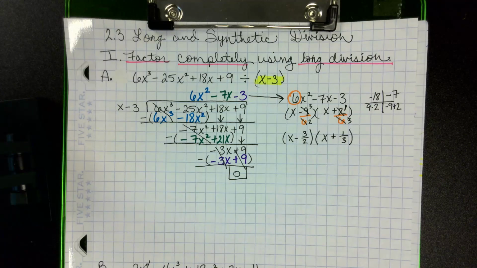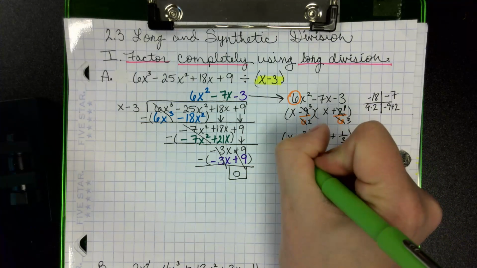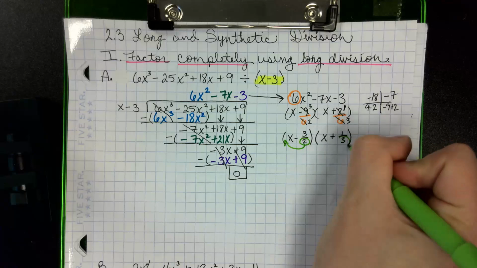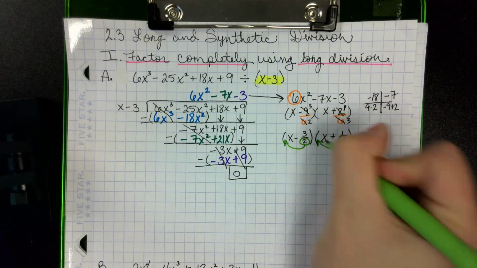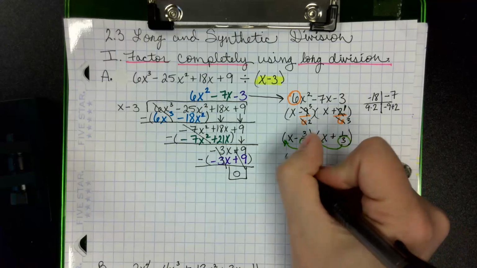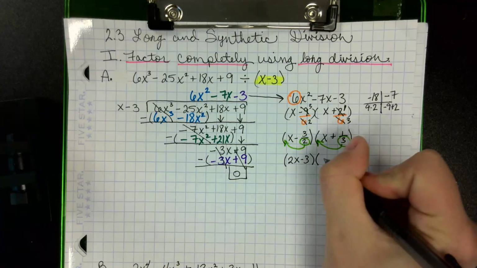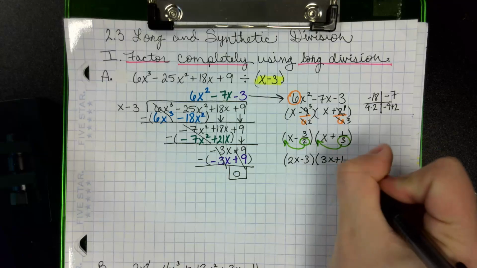I use the phrase bottoms up with the denominator. I just take what's on the bottom and move it up in front of the x. So this factor is 2x minus 3, and this factor is 3x plus 1.